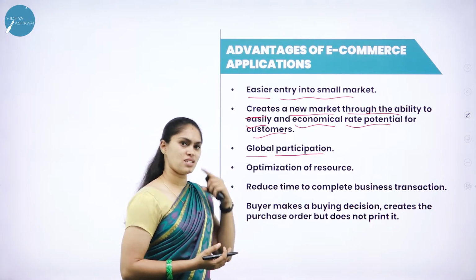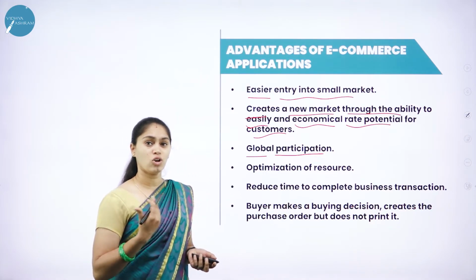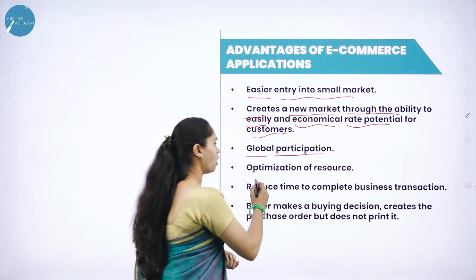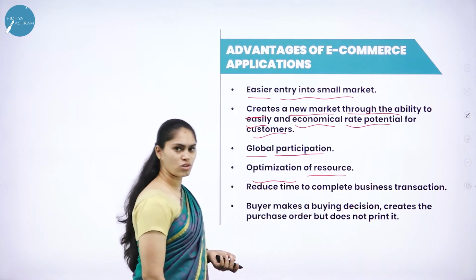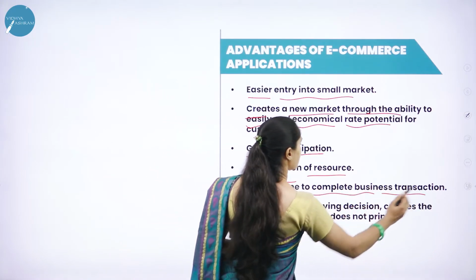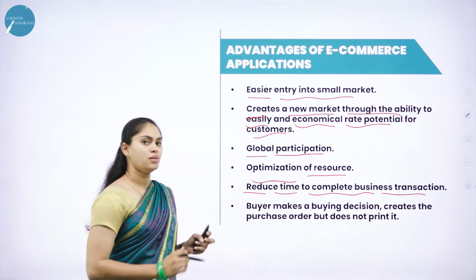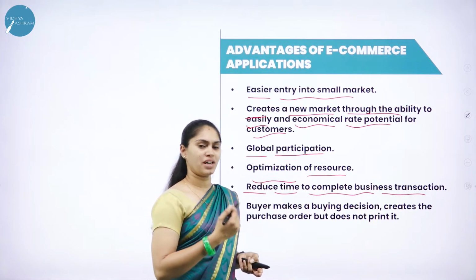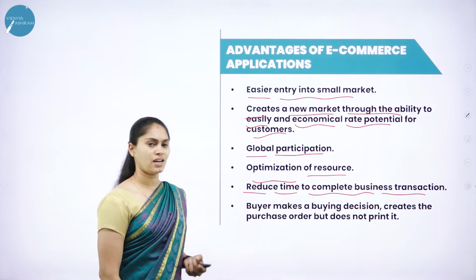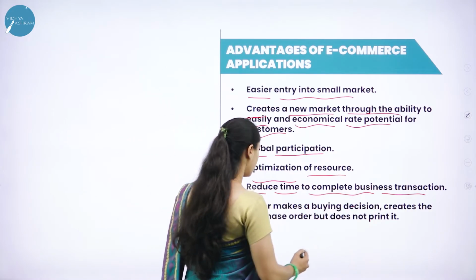But if your business is over the internet, you can have a global audience. Then optimization of resources will increase, and it also reduces the time to complete the business transaction. If you are booking anything over the internet, or getting some services, that won't take much time.